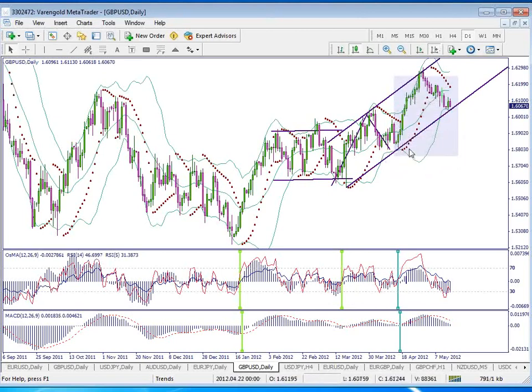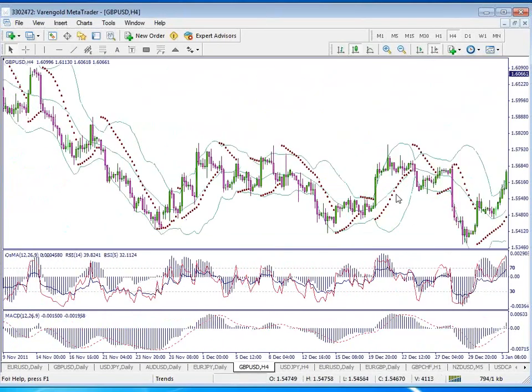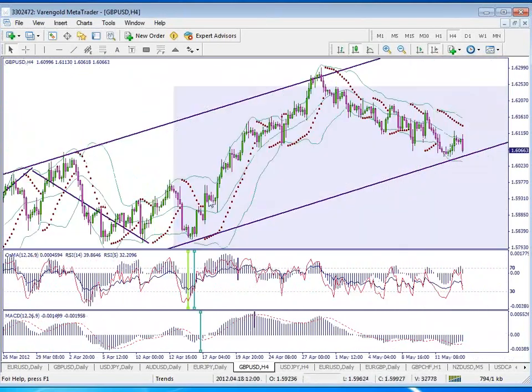Let's go into this rectangle and see how it is working on a smaller time frame. Okay. So on the 4 hour time frame, in this area, I have the channel and I can anticipate this wave.